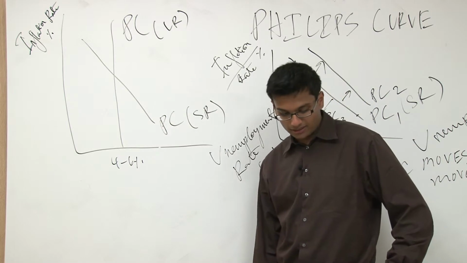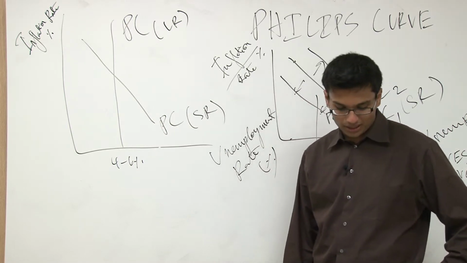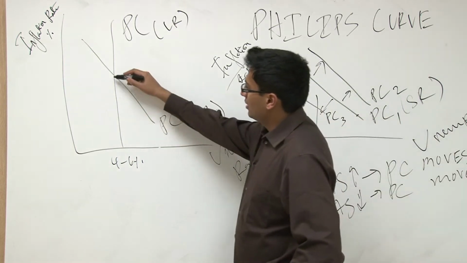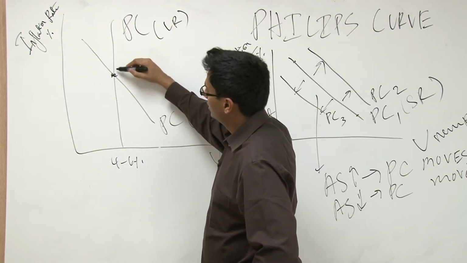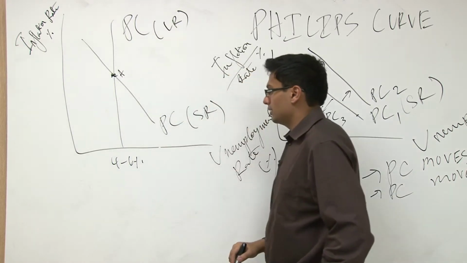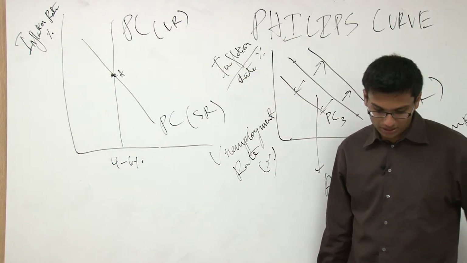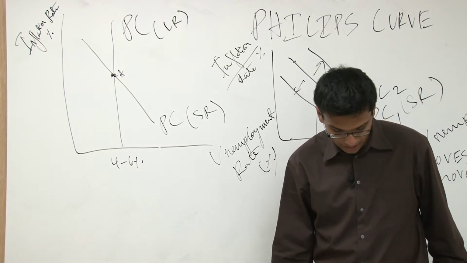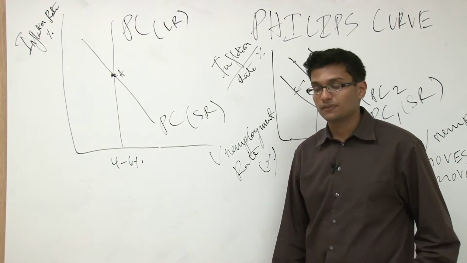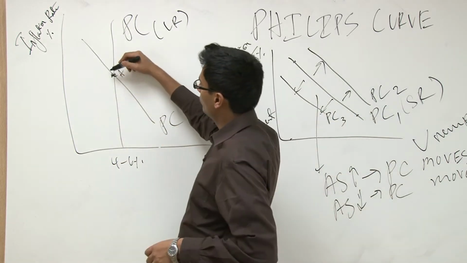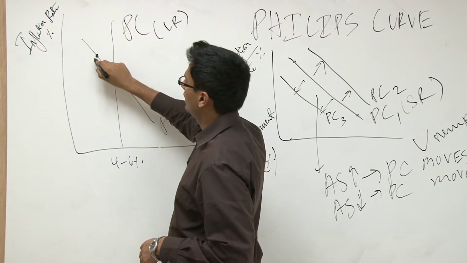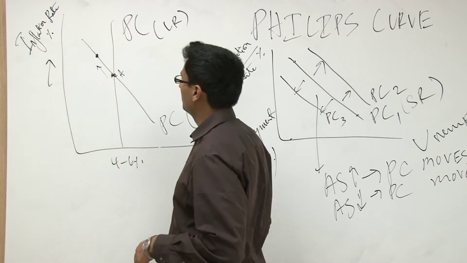But understand that if I am on a Phillips curve, and let's call this point A, what just happened is that the inflation rate has gone up. So actually, what just happened is that we moved to another point here. And my inflation rate just went up.